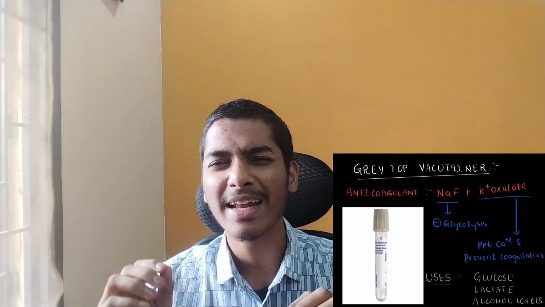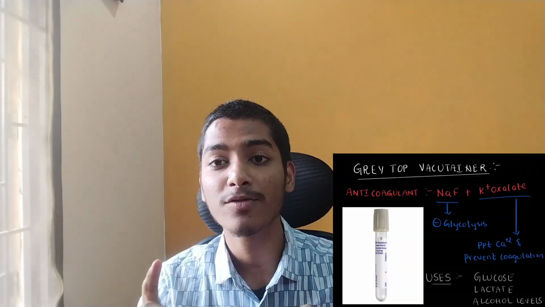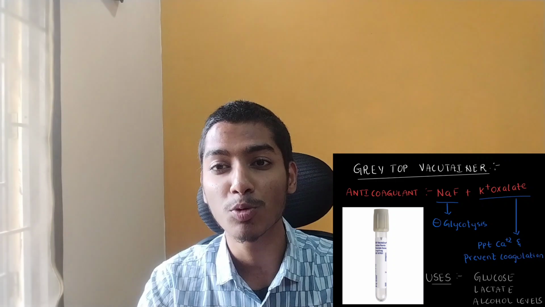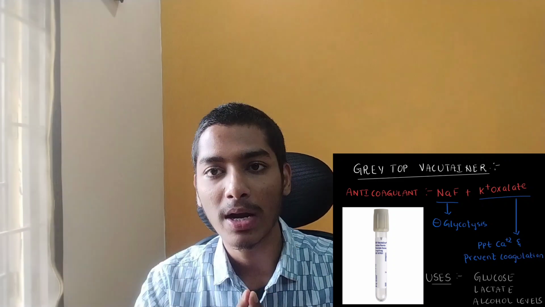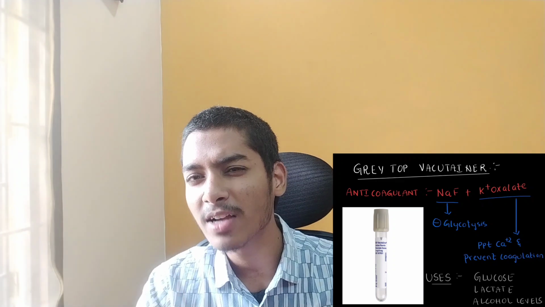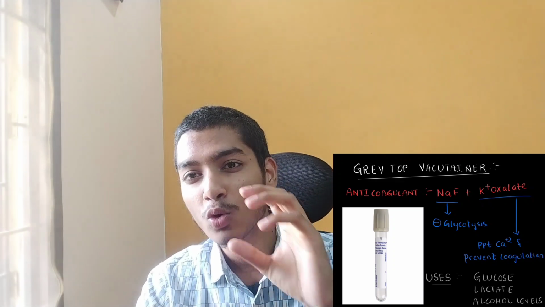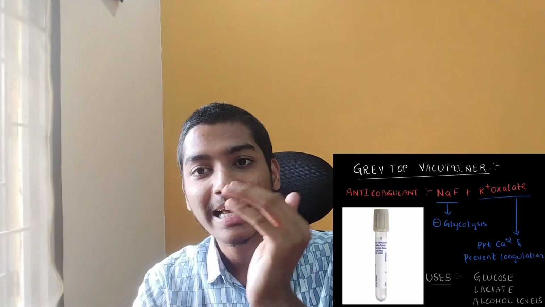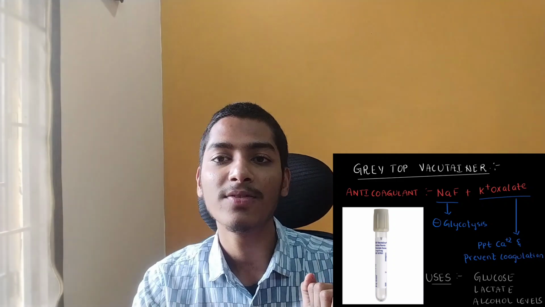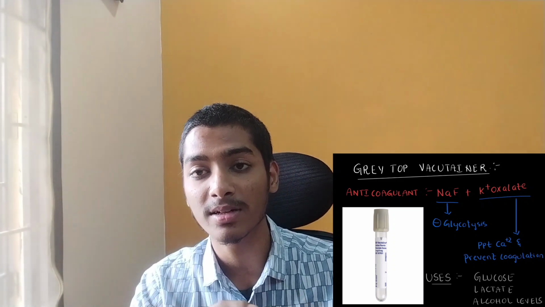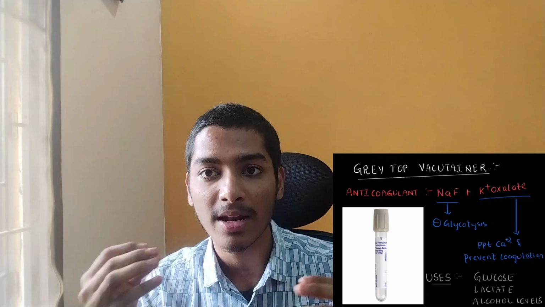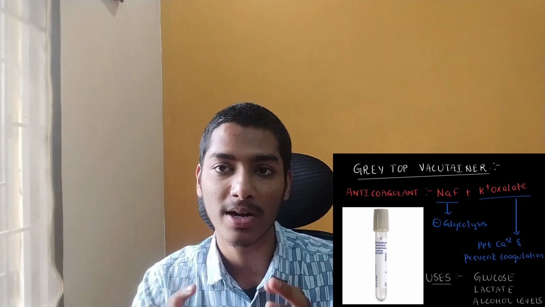Next, last but not least, we have the gray top vacutainer. In this gray top vacutainer, we have sodium fluoride as well as potassium oxalate as the anticoagulants. What is the mechanism of action of sodium fluoride? Sodium fluoride inhibits glycolysis, and potassium oxalate chelates the calcium again and prevents coagulation.